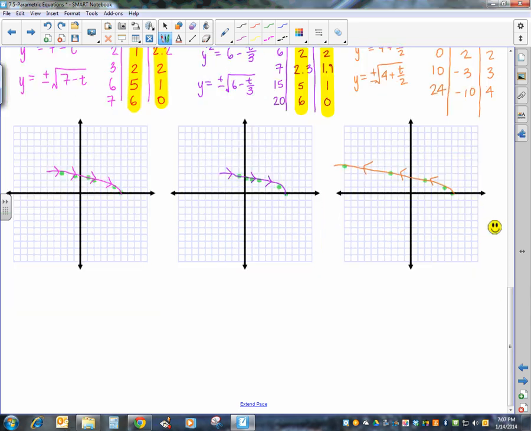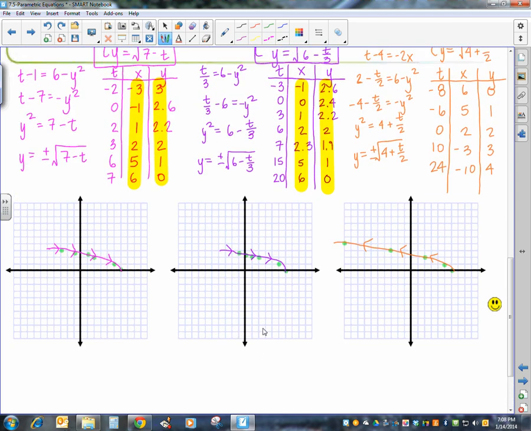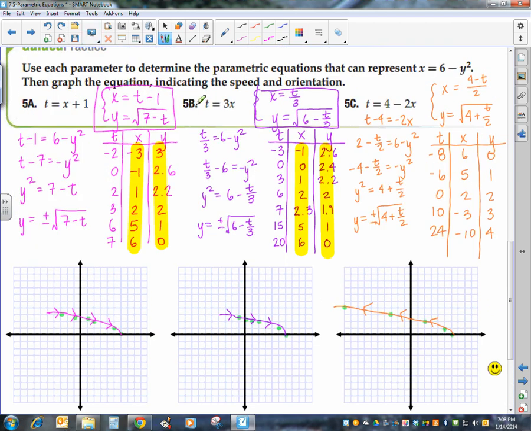But the key thing to remember is the only thing that changes in these graphs, okay? They changed the way we defined our parameter, but our graphs are basically the same, but the speed and the orientation changes. So practice your algebra, plot these points, and come to class with questions ready.